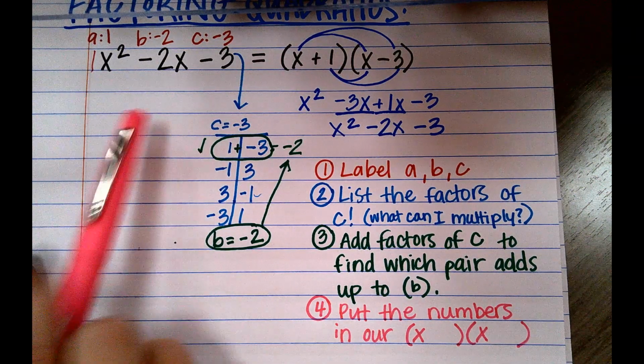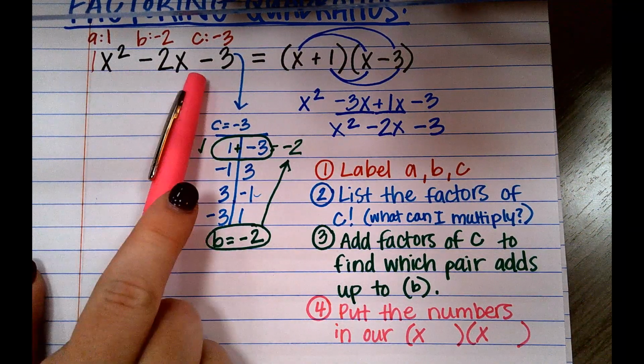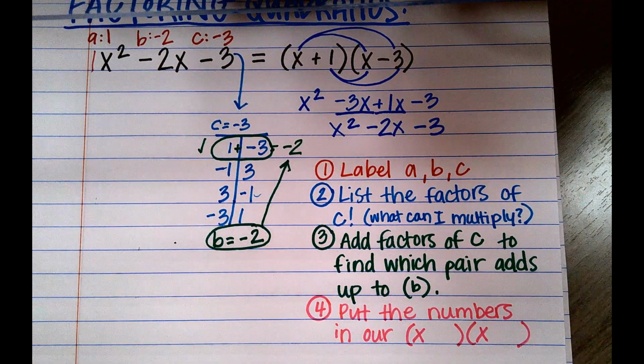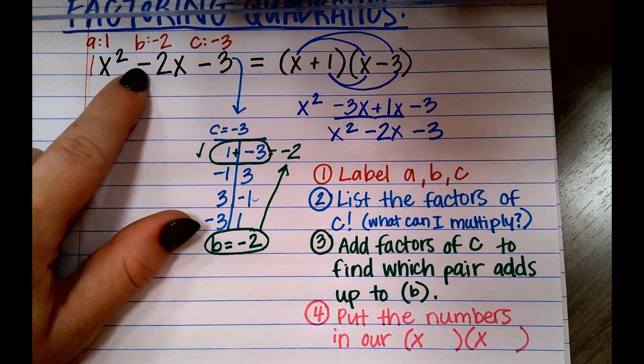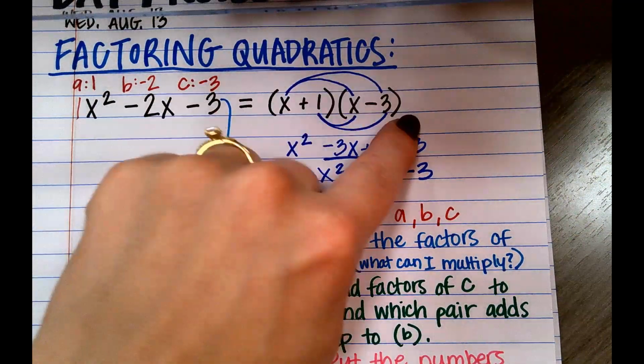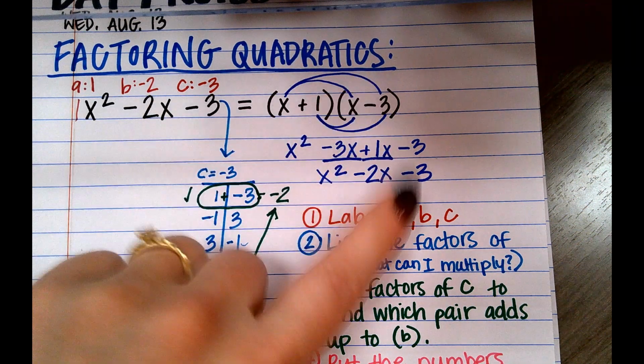So whenever we are factoring a quadratic, or we're trying to figure out what two pairs of numbers and variables I can multiply to get this, something that we know from multiplying two sets of binomials is that every time we do this, we get a quadratic.